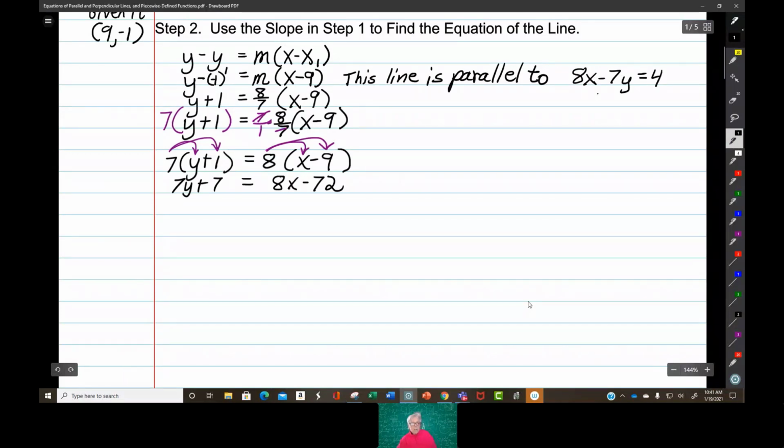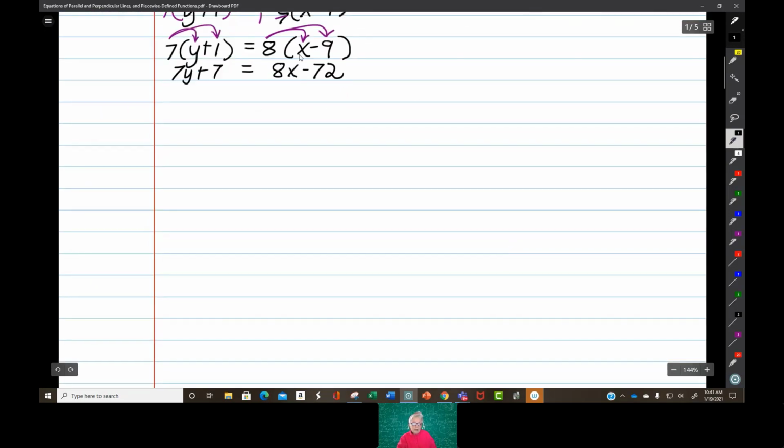All right, 7y plus 7 equals 8x minus 72, because positive 8 times negative 9 is negative 72. Now, I solve for the 7y term, so I will subtract 7 from both sides of the equation.